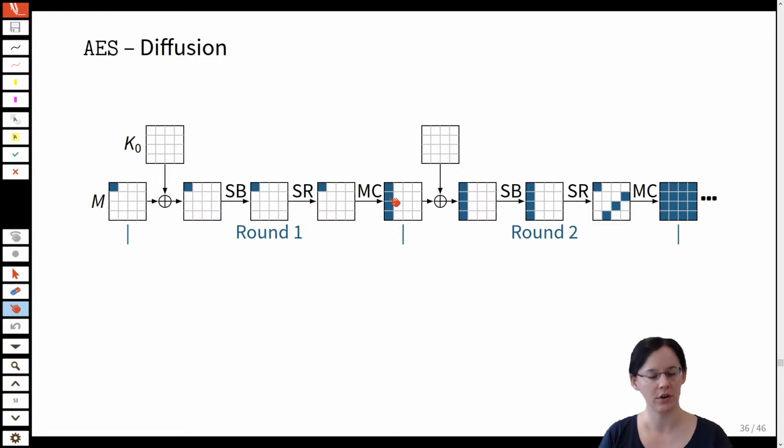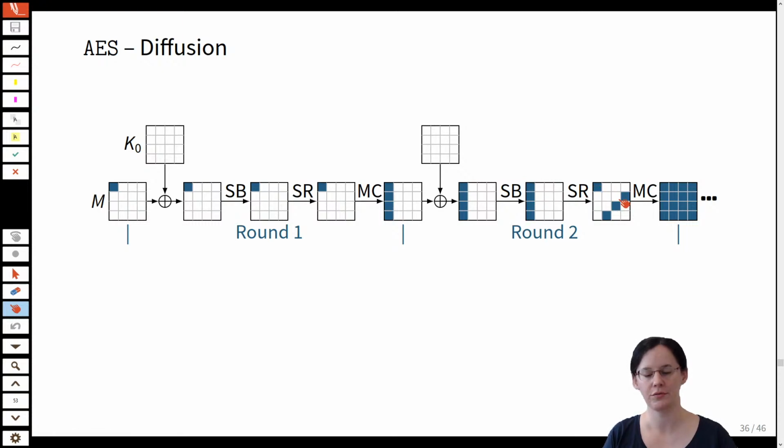And then comes mixed columns, and mixed columns has the special property that if only one of the input cells in the column is different, then all of the output cells in the column will be different. We will explore this property in more detail in 2 weeks' time. So this means that after 1 round, the bit has already influenced 32 bits. And in the next round, we have a similar effect as before, so afterwards the entire column is influenced.